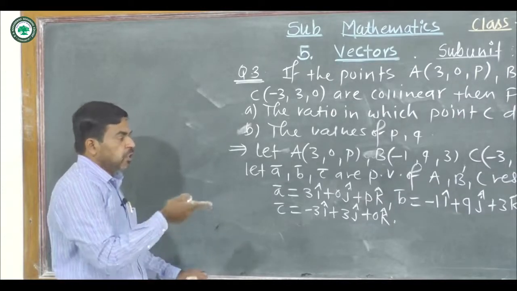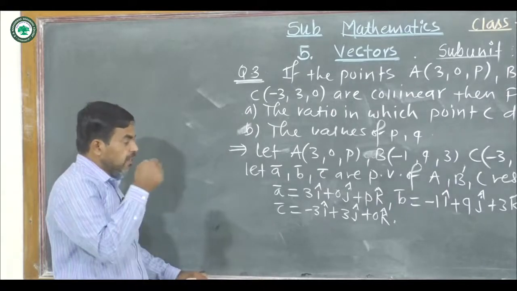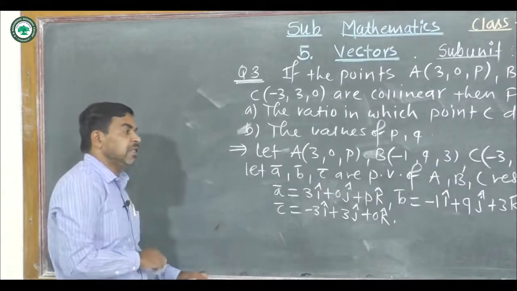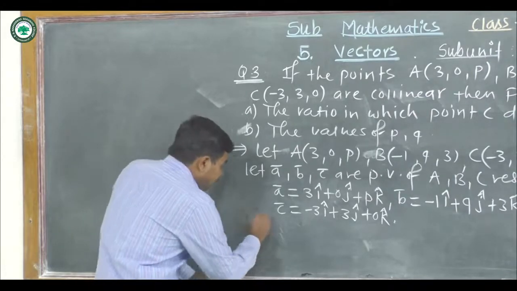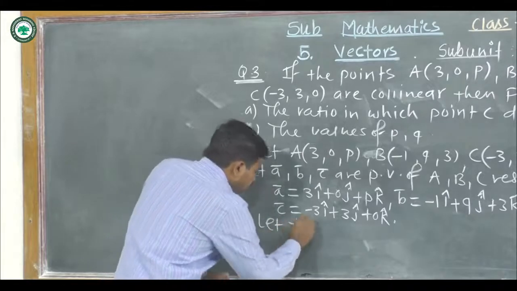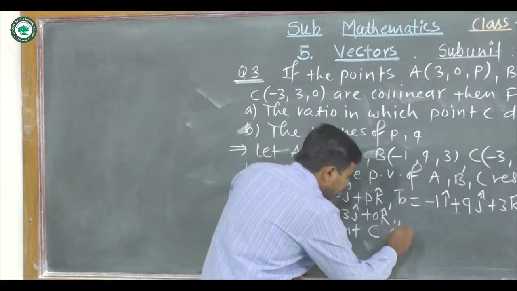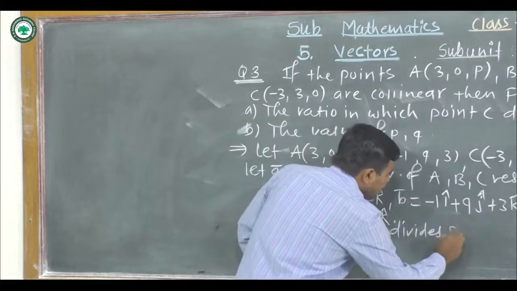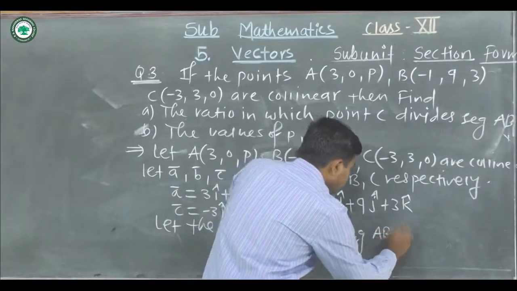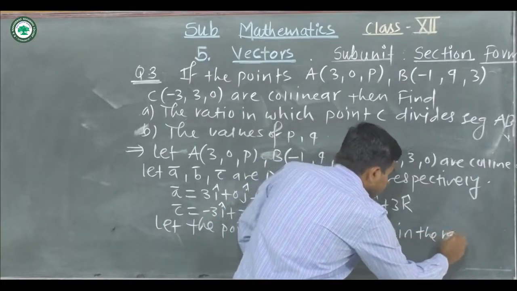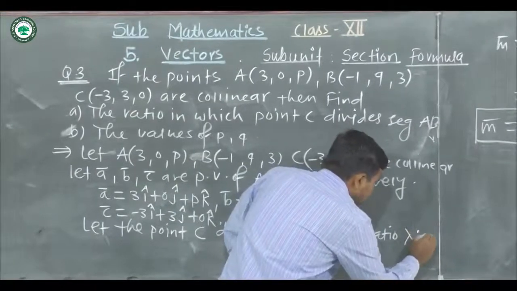If k is positive, then that point divides the segment internally, or if k is negative, then that point divides the segment externally. Let the point C divide segment AB in the ratio lambda:1.